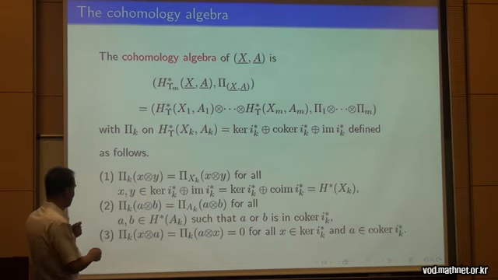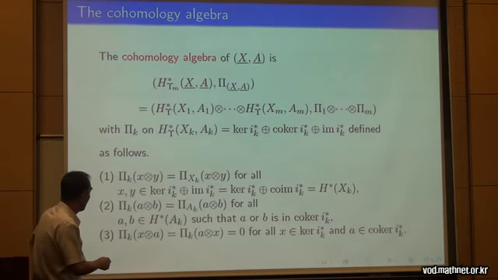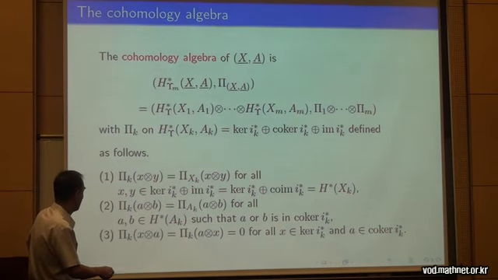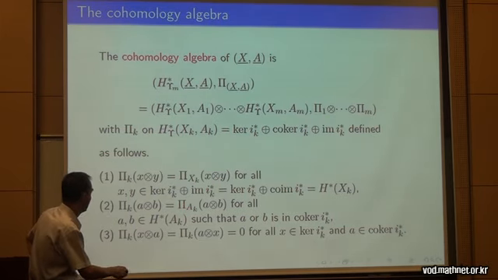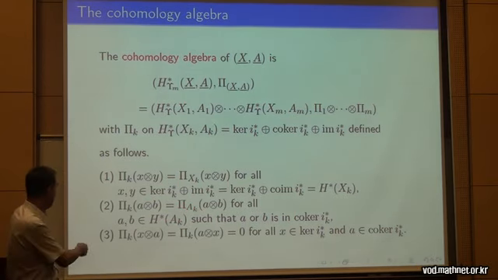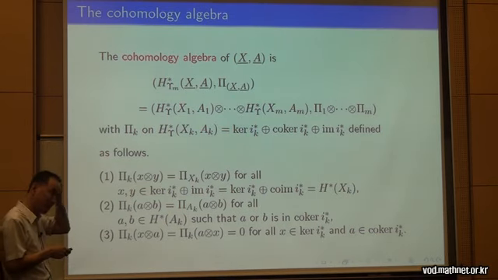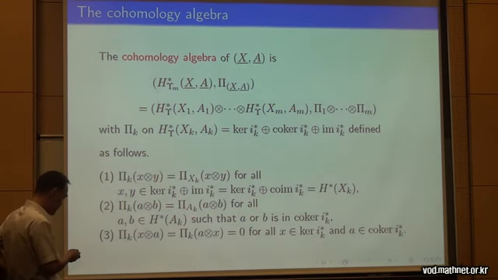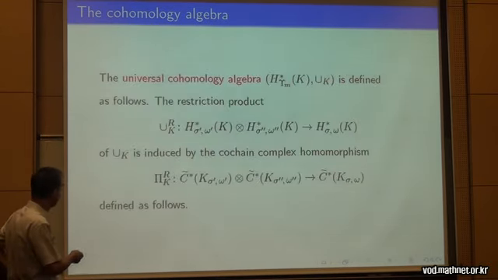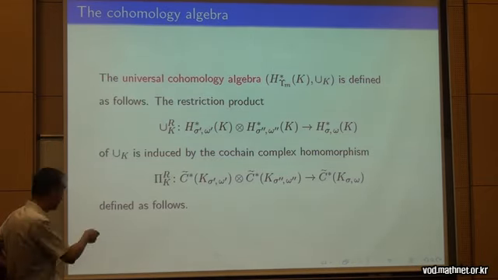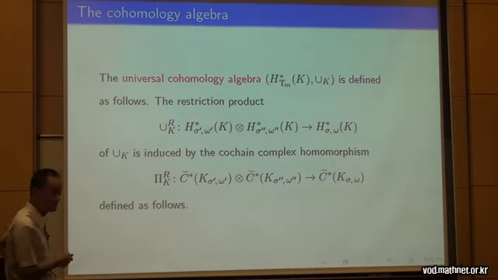The algebra product is defined as follows, where the product xk means the cup product of this space, and the product ak means the cup product of this space. This also comes from an approximation complex. What I want to say is that these two algebras are in general not associative. The universal cohomology algebra is not associative in general, and this is always not associative.